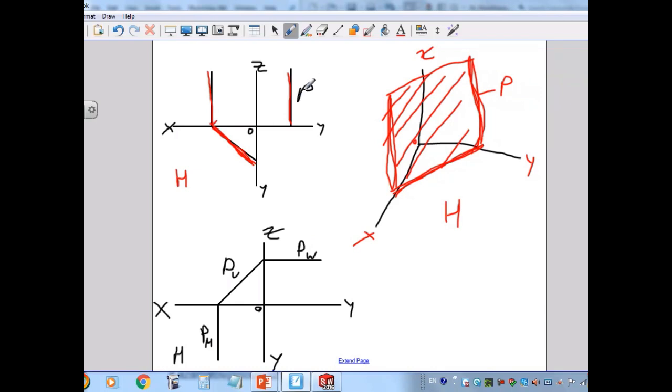This is PW, PV, and PH. So how is it given in 3D? How do you imagine this in 3D?